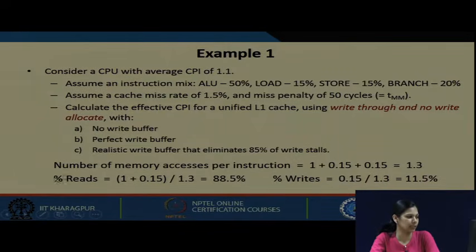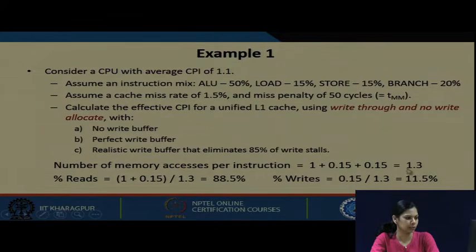Let us first calculate the number of memory accesses per instruction. There will be a memory access for load and store. 1 is for just fetching the instruction, we require one access for that, then 0.15 for load, 15% of load instructions, and 0.15 for store, where we will require a memory operation.